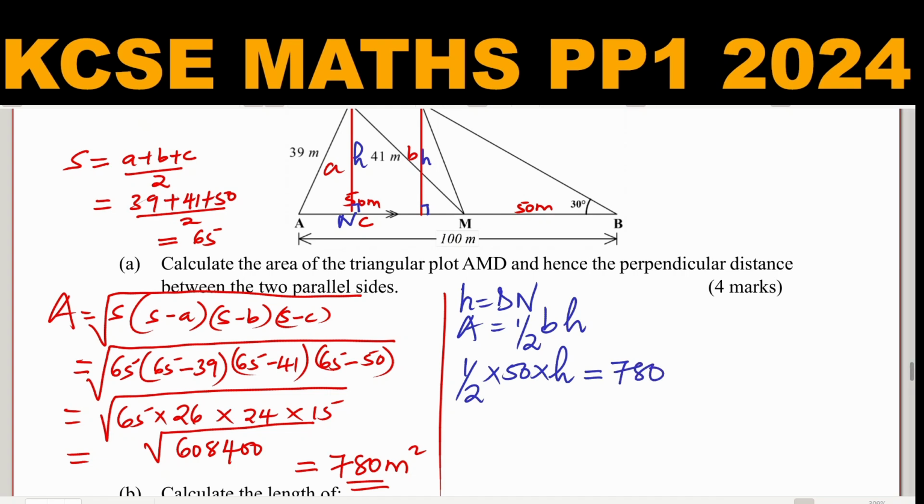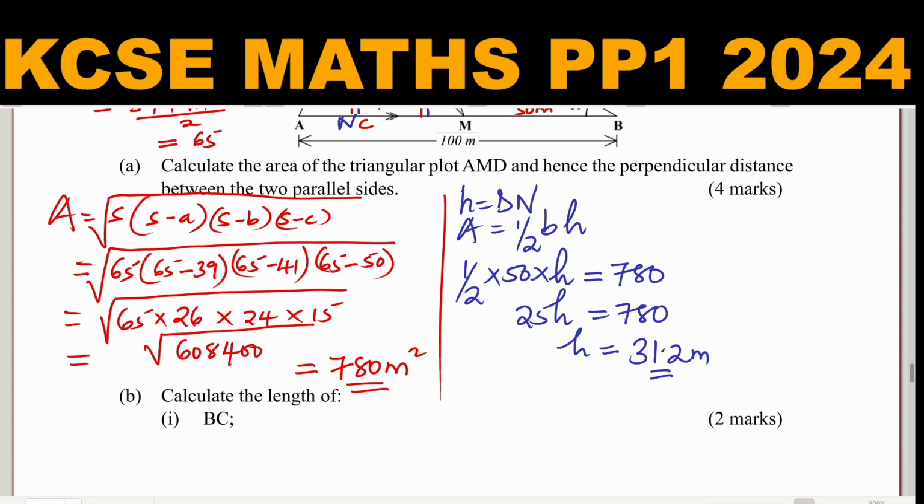So this will give 25h is equal to 780, and dividing both sides by 25, h is 31.2 meters. That is the perpendicular height. So we're through with that part.